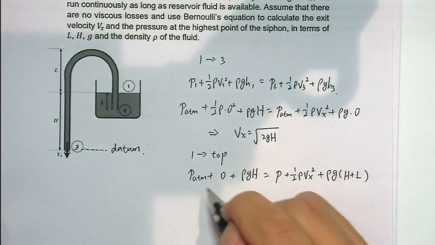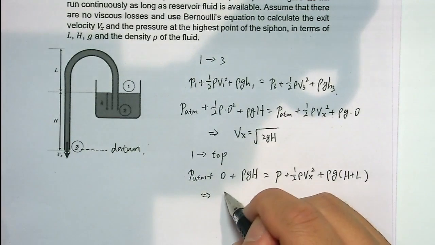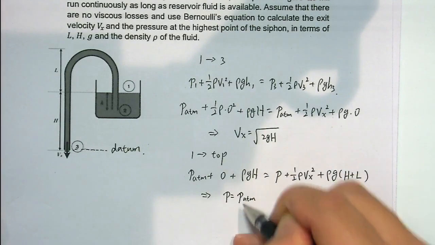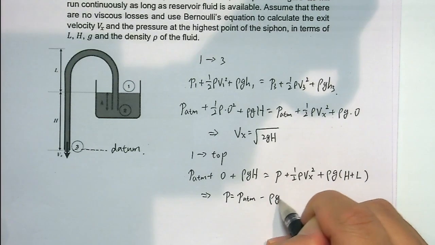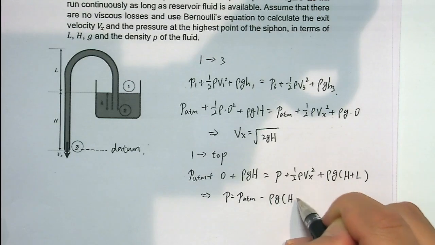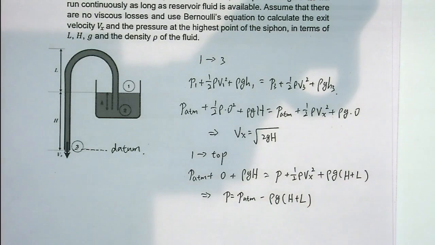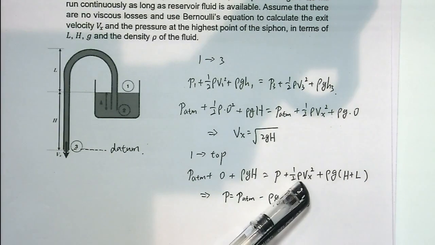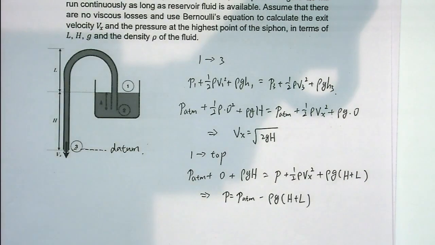So now we can get P is P atmosphere minus rho g (H plus L). We put the Vx into this one. Any question?